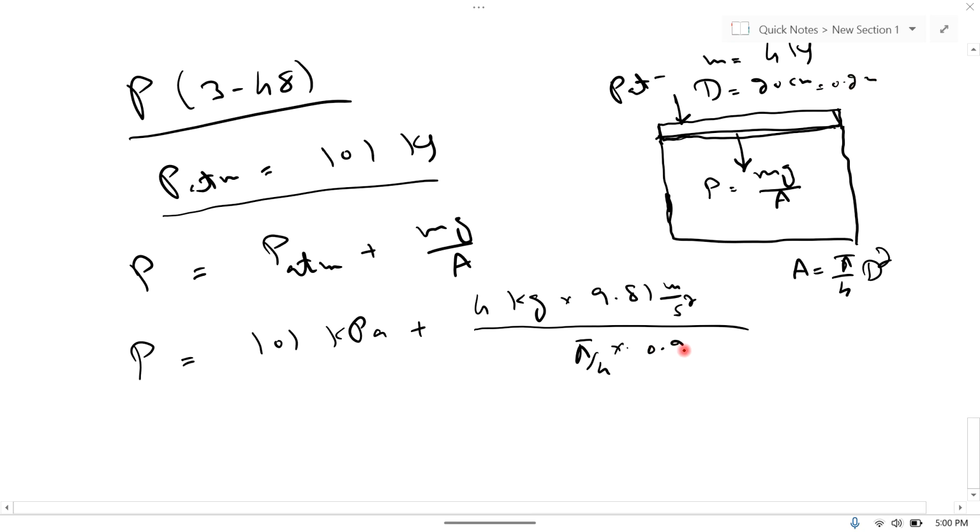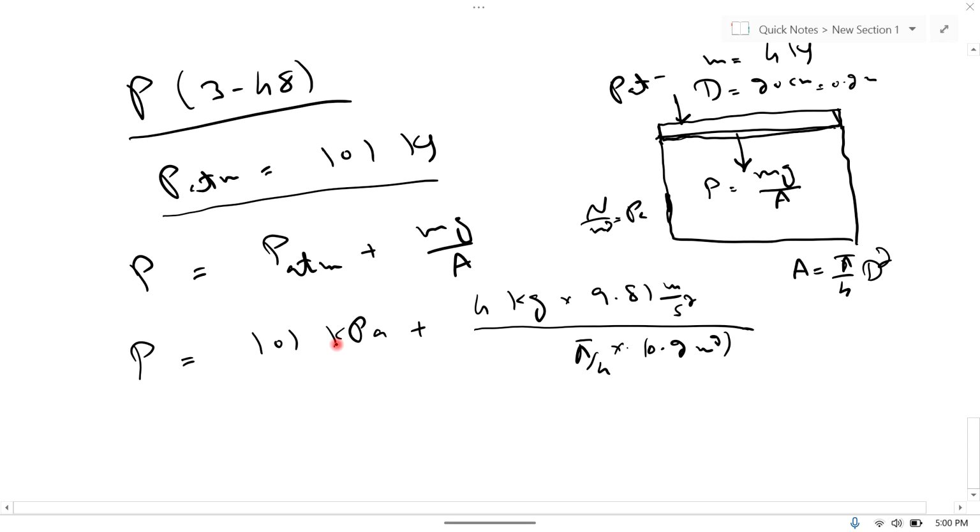So 0.2 squared. And if we calculate this value, the unit is kilogram meter per square second, which is equal to Newton, divided by square meter. So Newton per square meter is equal to Pascal, but this pressure is in kilopascal.